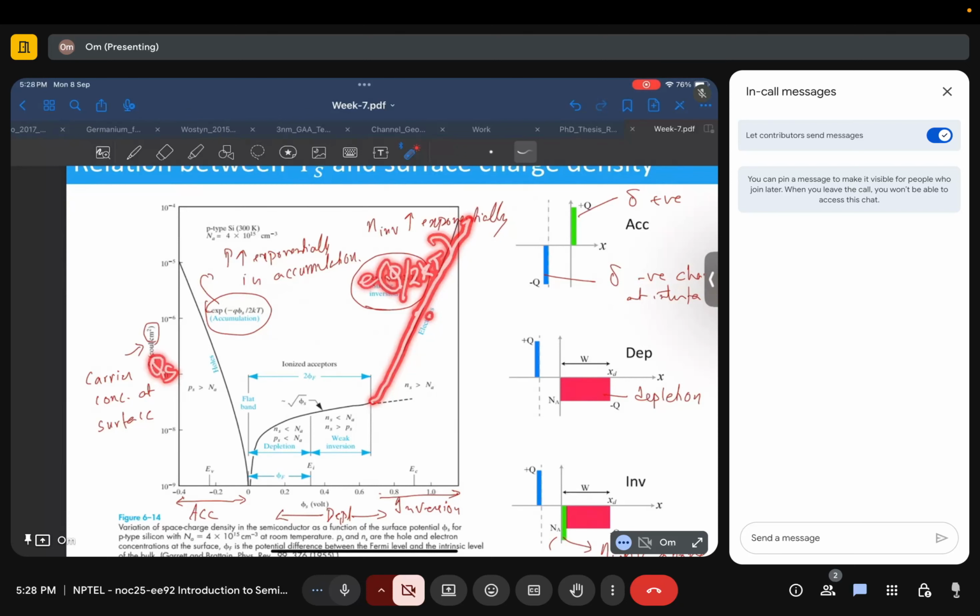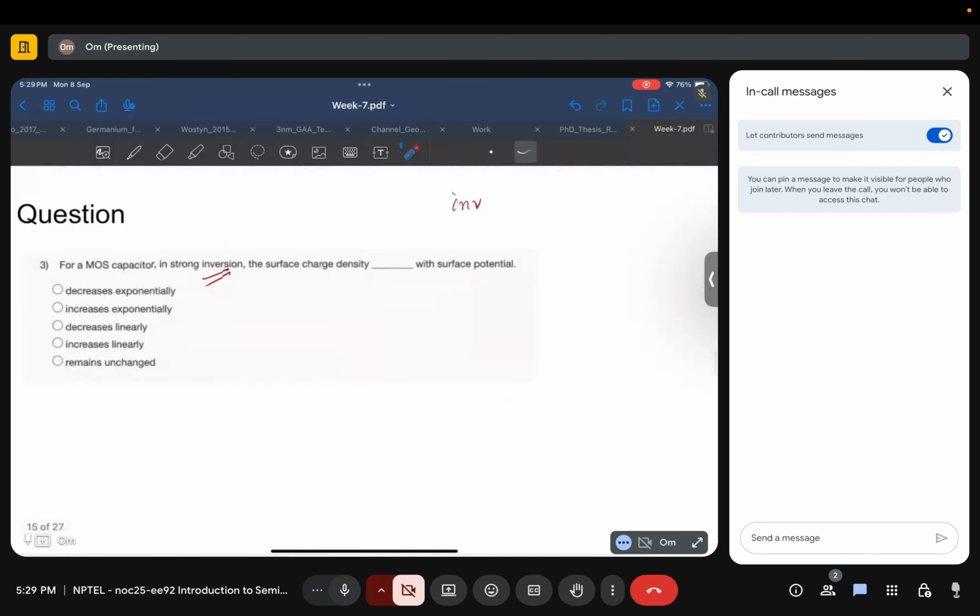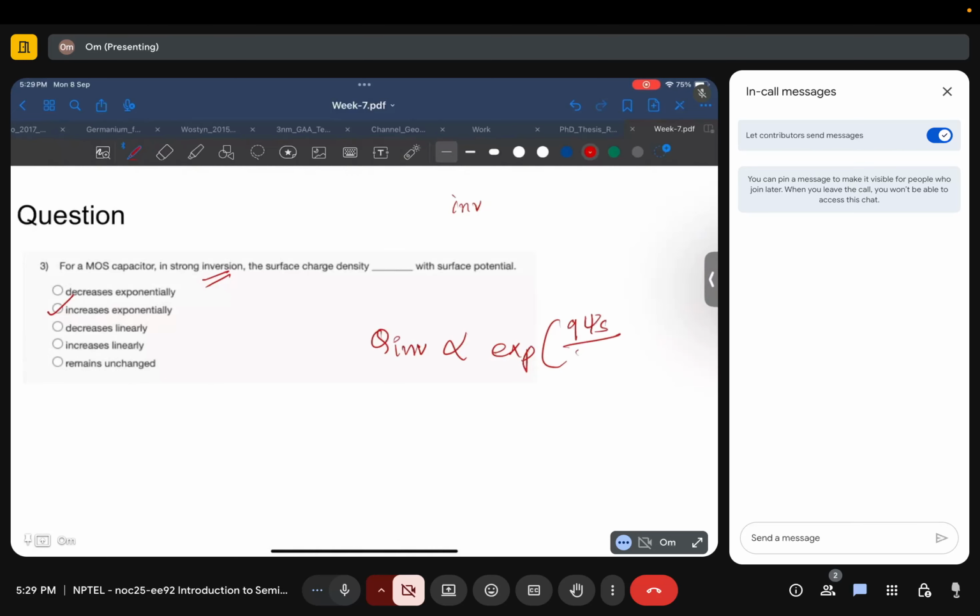It will be exponential q psi s by 2kT. So the answer should be increases exponentially, right? Here, Q inversion is proportional to exponential. This is the relation for the charge.